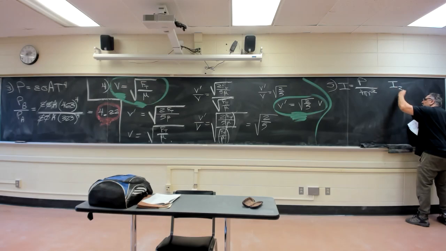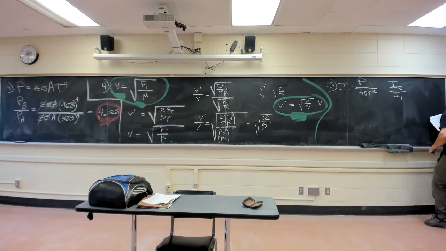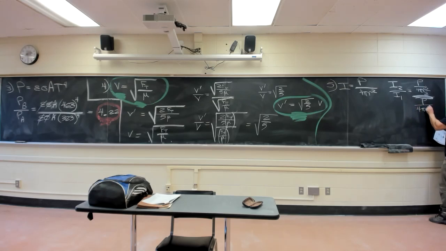This is the scenario where r is smaller, where you're closer. We'll call that I sub 2. This is the original scenario when you're further away. You're basically talking about P over 4 pi r sub 2 squared over P over 4 pi r sub 1 squared.